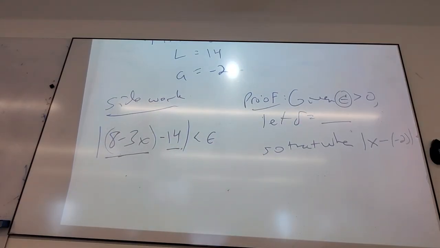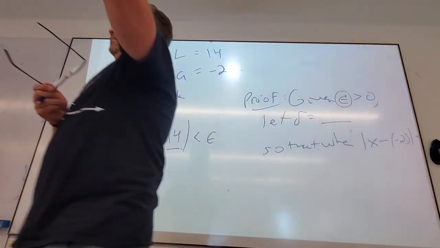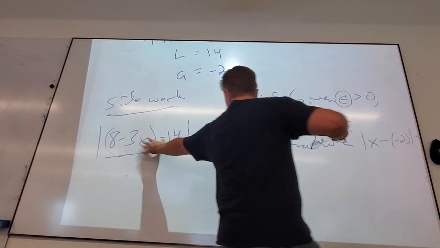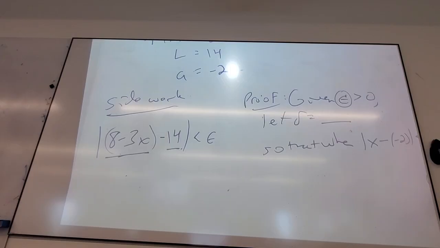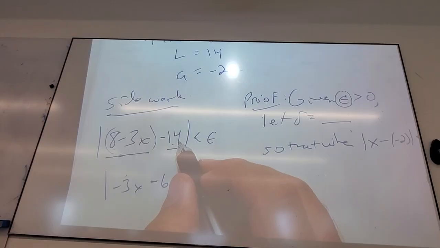I have to be that close to 14. Can you simplify that? What's 8 minus 14? Negative 6. So all I did was simplify, yes?